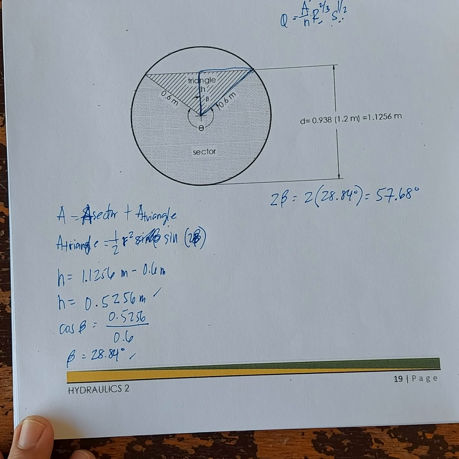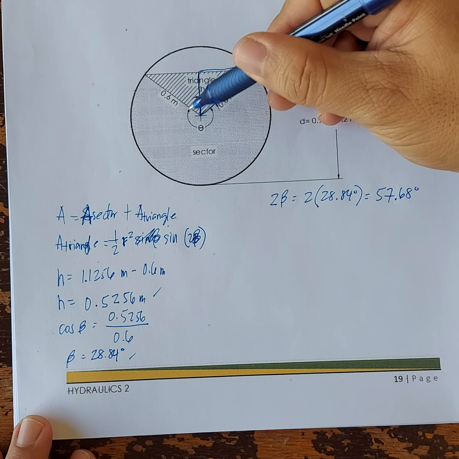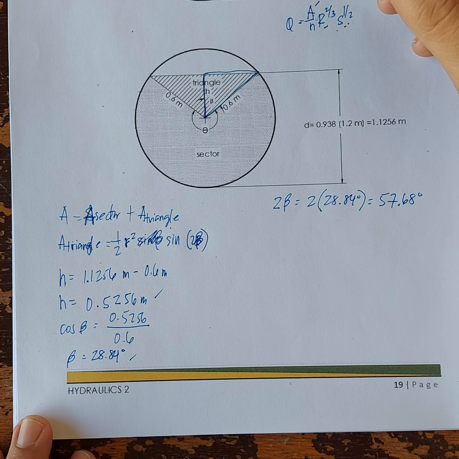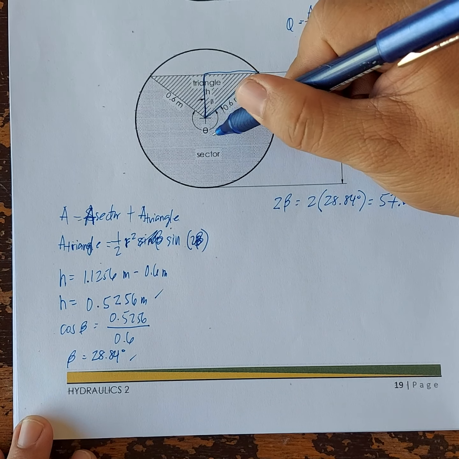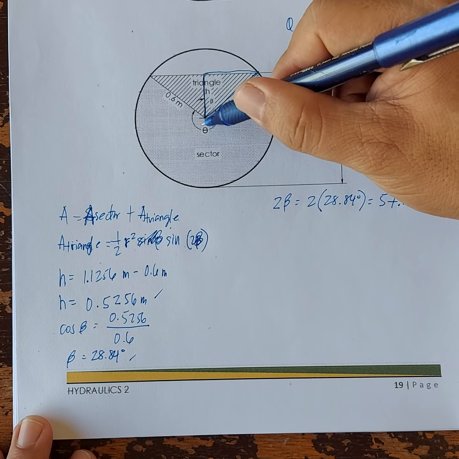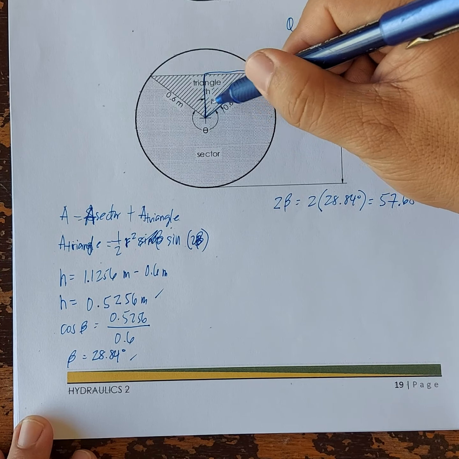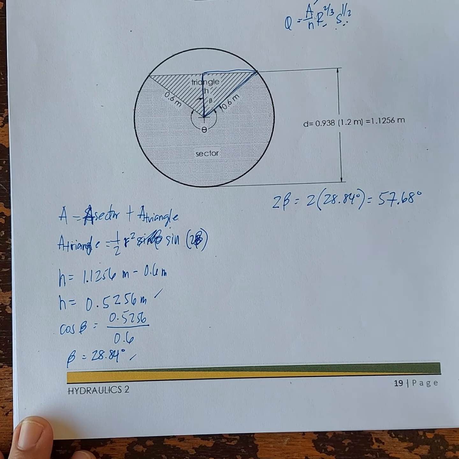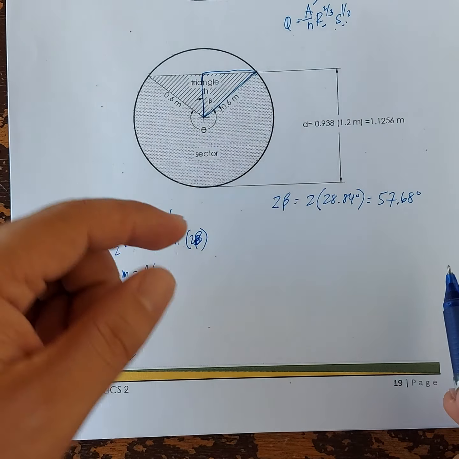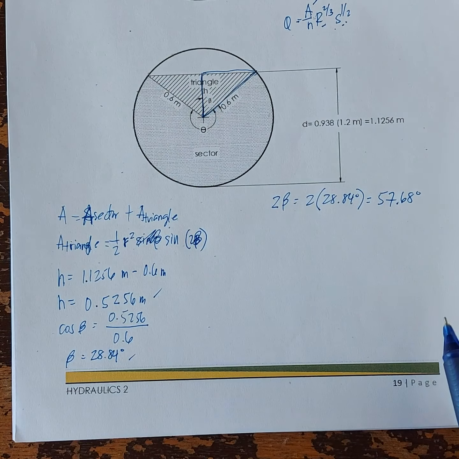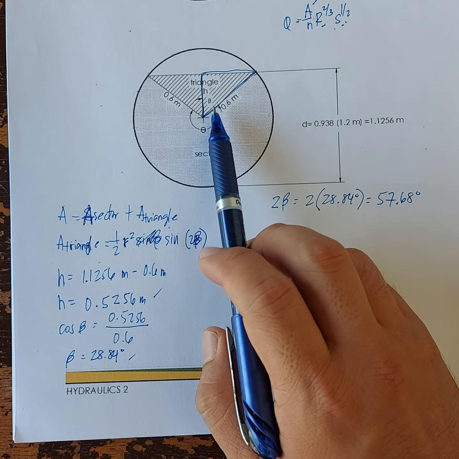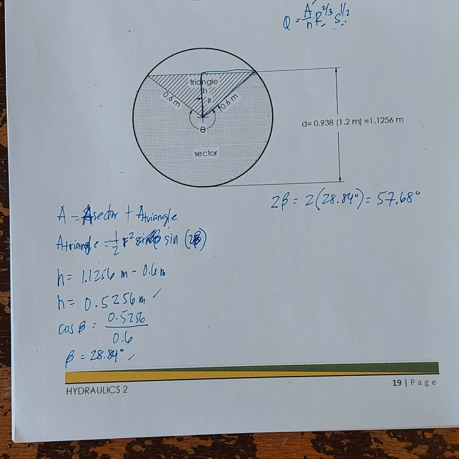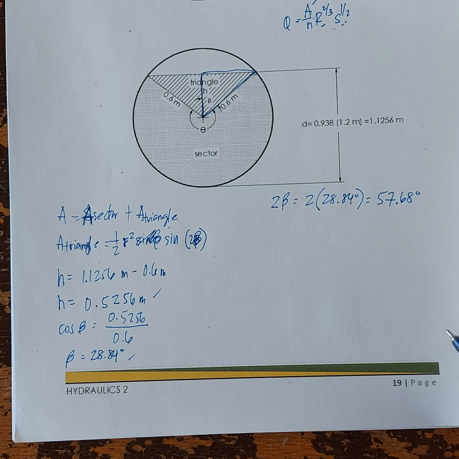Next, let us solve for the angle theta so that we can solve also for the area of the sector. So how do you solve for the angle theta? If we know this angle twice of beta, then angle theta is simply equal to the total, that's 360 degrees, minus this angle, that would give us the value of the angle theta.